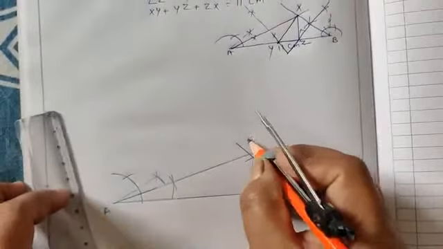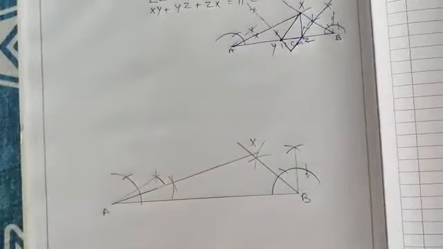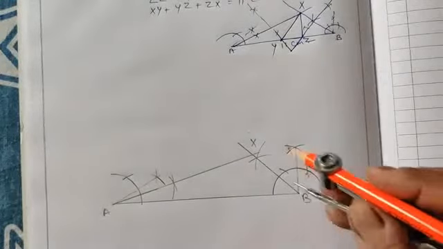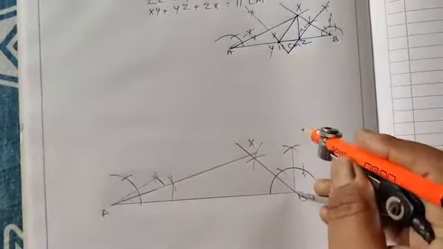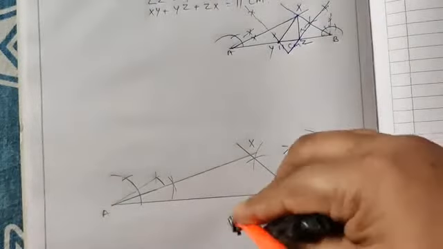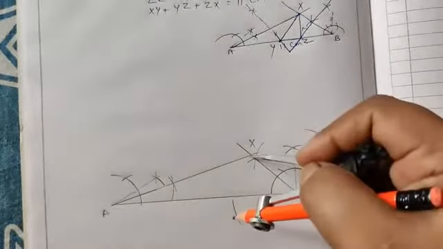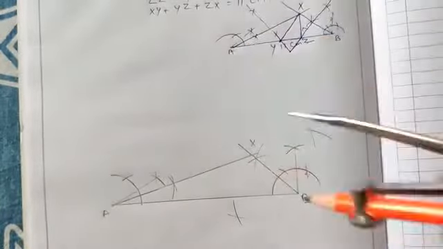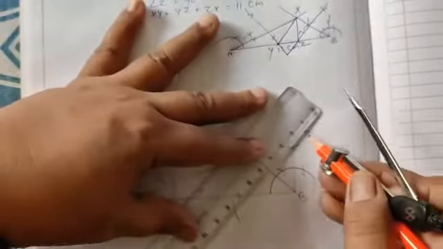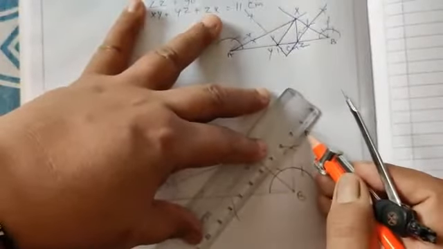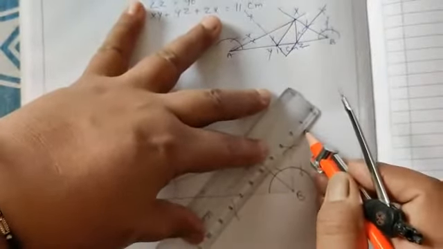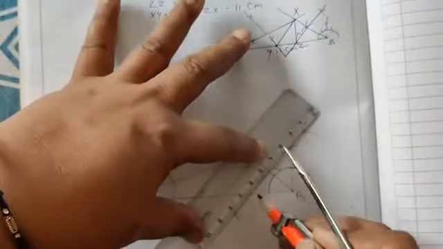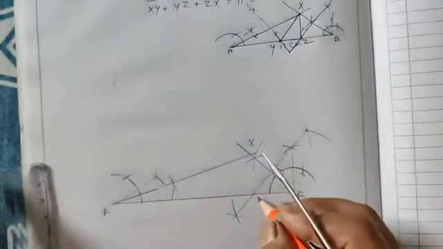This point is X. Now perpendicular bisect BX. From B and from X, equal arcs, and produce. This point is Z.